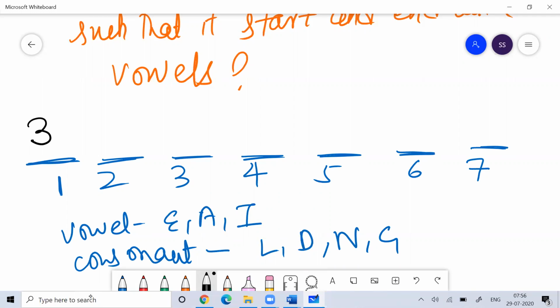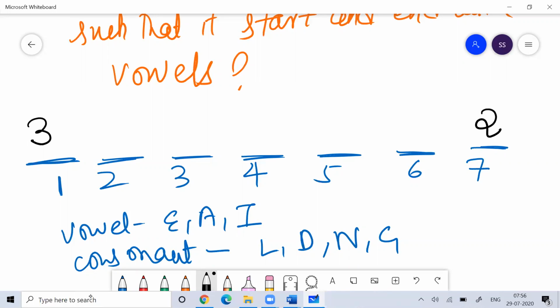So if that vowel came in first place, now 2 vowels are left. Now out of the 2 vowels, any vowel can come in last place. So in the first place any of the 3 vowels can come, and whatever vowel came in the first place, the same vowel cannot come in the last place.